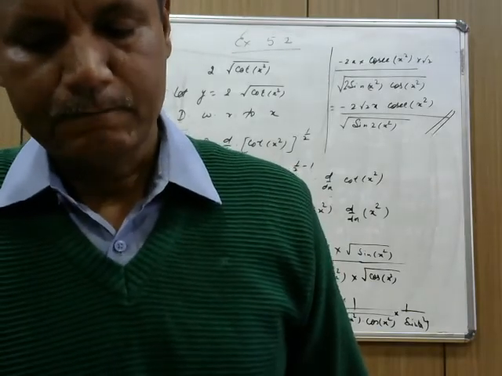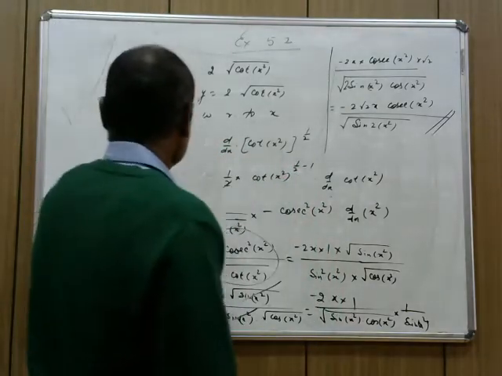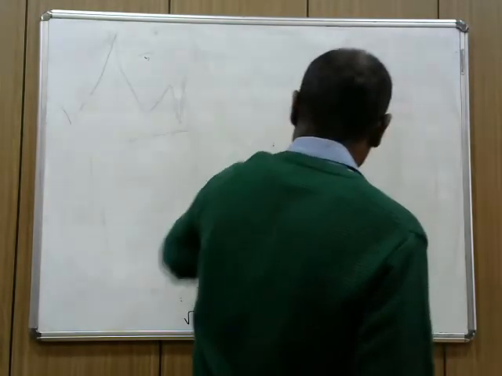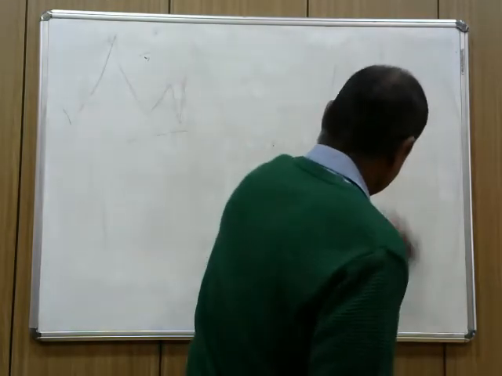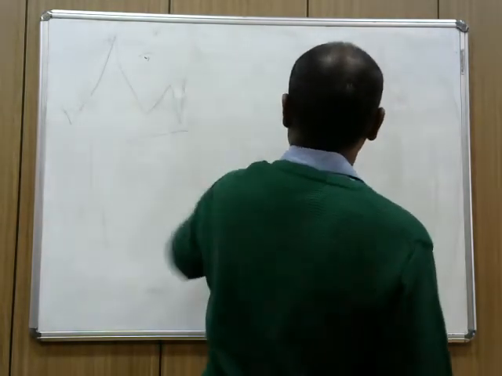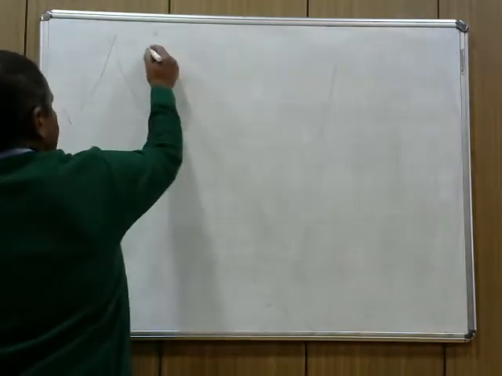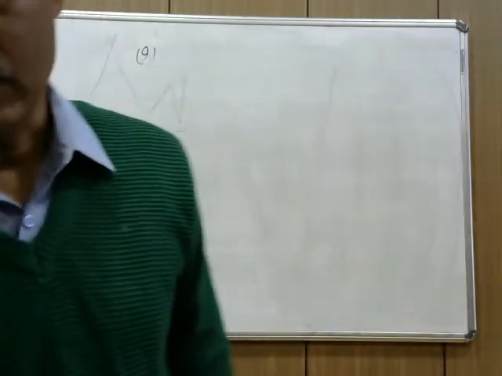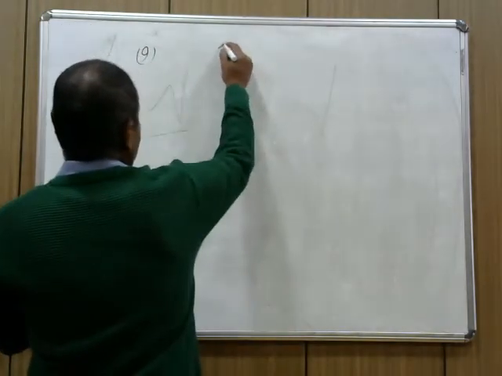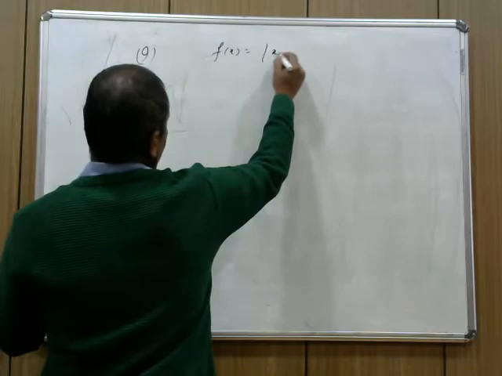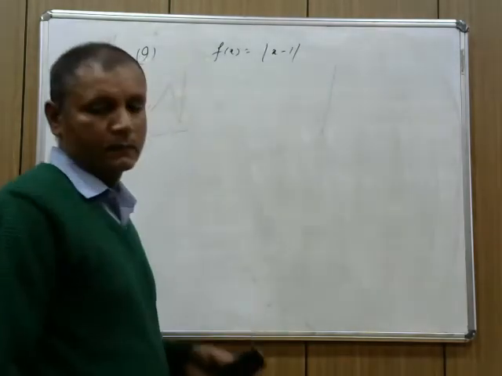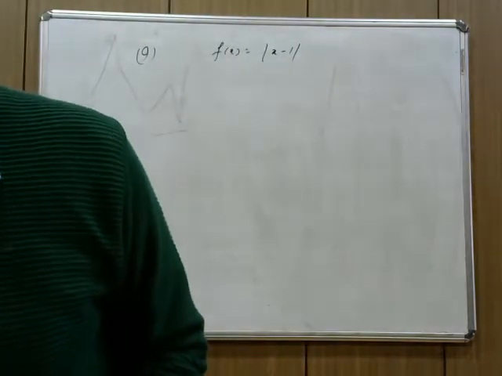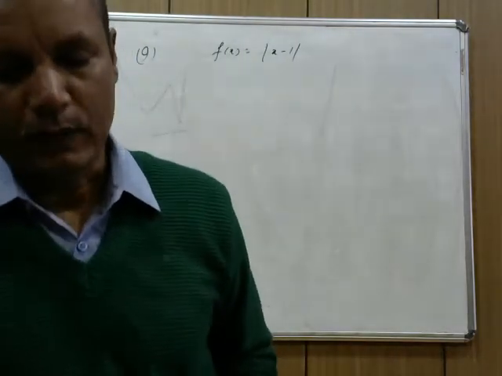Prove that the function f given by y is equal to f of x is equal to mod x minus 1, x belongs to real numbers R, is not differentiable at x equal to 1.